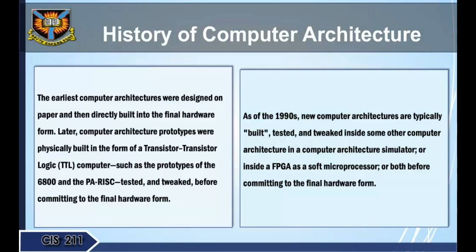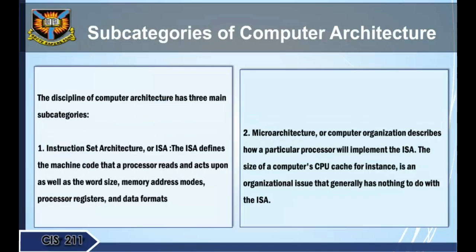As of the 1990s, new computer architectures are typically built, tested, and tweaked inside some other computer architecture in a computer architecture simulator or inside an FPGA as a soft microprocessor, or both, before committing to the final hardware form.